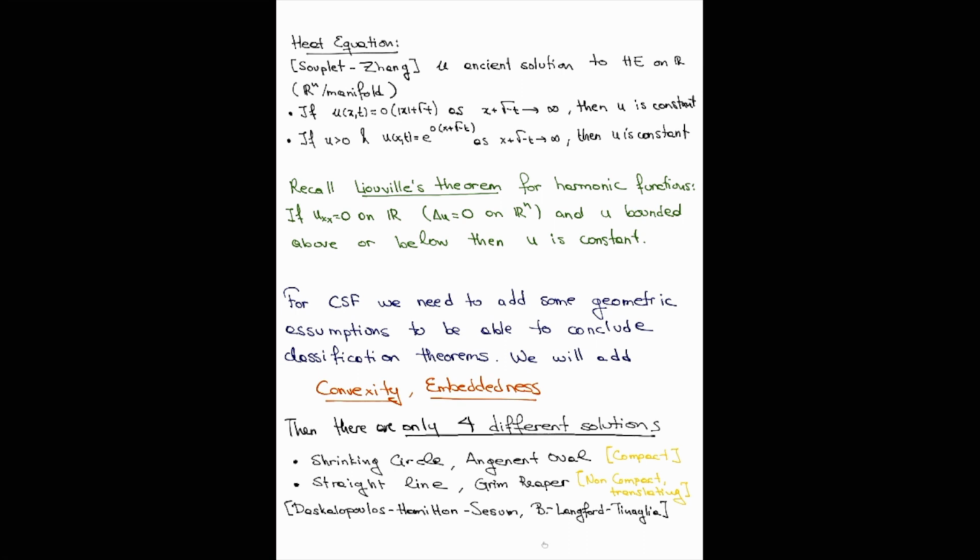And recently, with Langford and Tinaya, we gave a new proof of this compact case that actually extends to the non-compact case as well. Okay, so let me just show you what these solutions look like in the last slides.